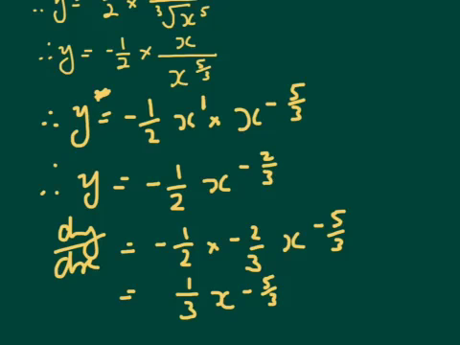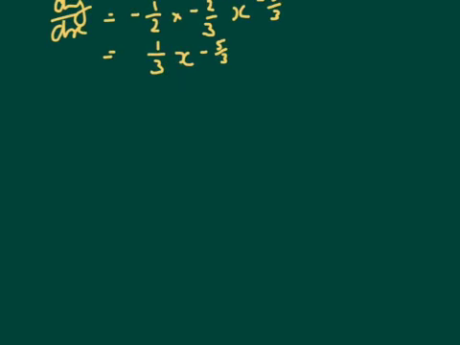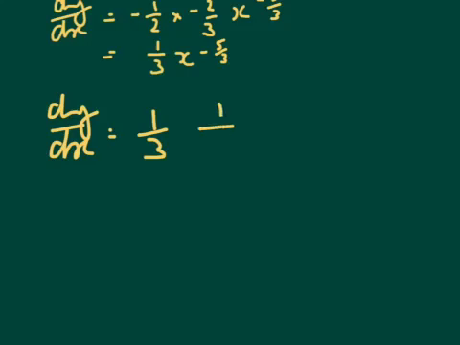Okay, let's make ourselves some extra room and get ready for the answer. So, we would now put the x term downstairs in the denominator. So this is going to look like dy dx equals 1/3, 1 over, you put a times sign there if you like, x to the power of 5 on 3. And then what you would do is put it back in root form, because that's the form the question was in.